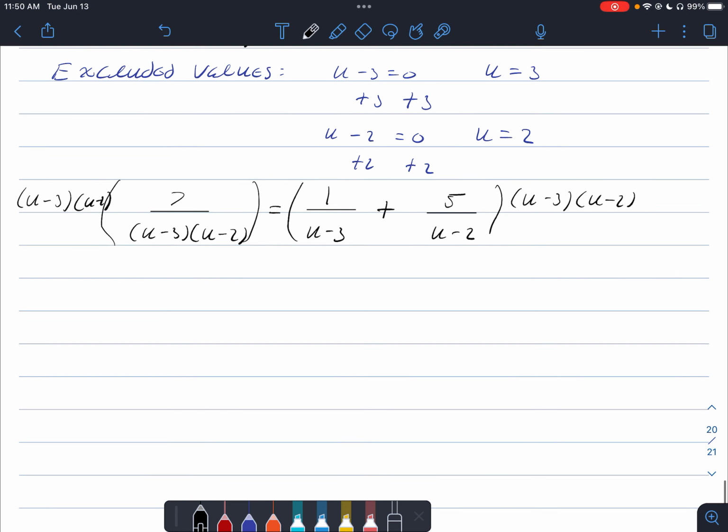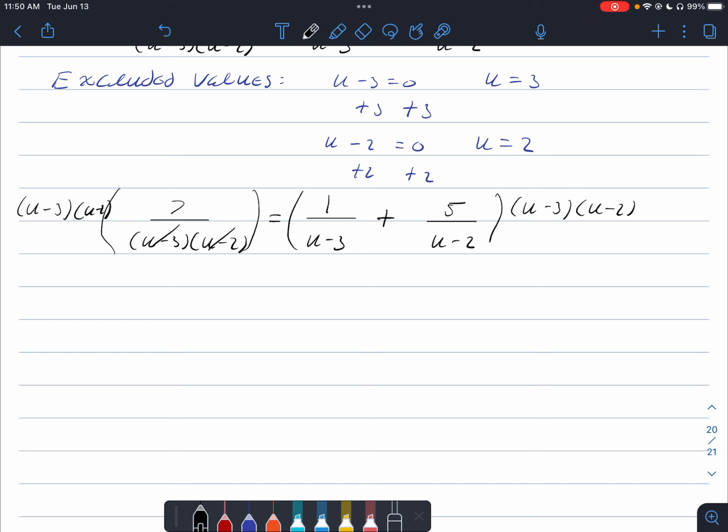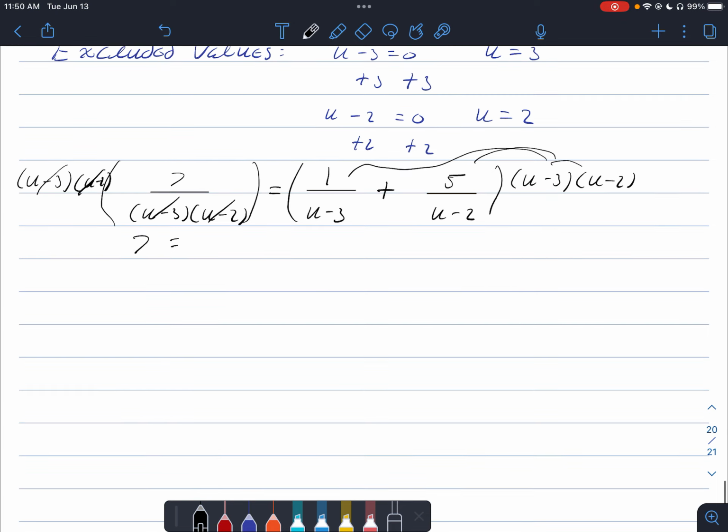Okay, so on the left-hand side, everything will cancel, and we'll just have 7 is equal to whatever the right-hand side will be. But here we have to go ahead and distribute this u minus 3 times u minus 2 to everything here. So on this first one here, we'll get u minus 3 times u minus 2 times 1. So really we can just write u minus 3 times u minus 2 over u minus 3.